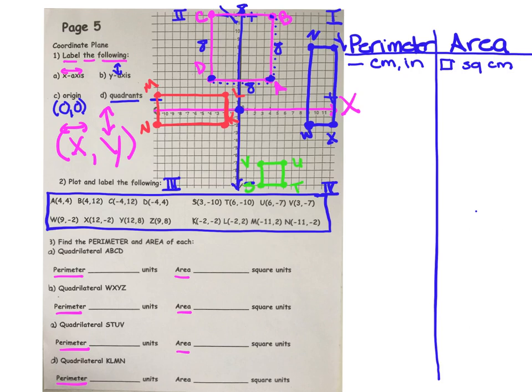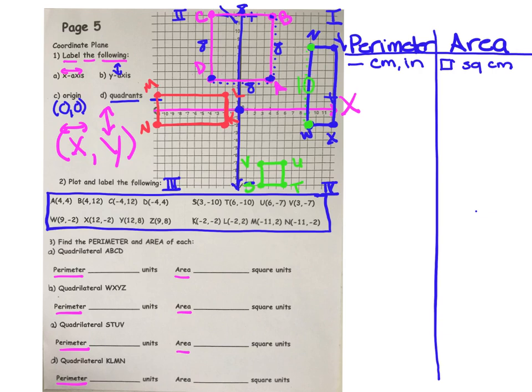Let's move on to the next quadrilateral, WXYZ. Starting at point W, put your pencil point there, and darken point Z. We can figure out the length of this particular side by counting the units that live along this edge. 1, 2, 3, 4, 5, 6, 7, 8, 9, 10.